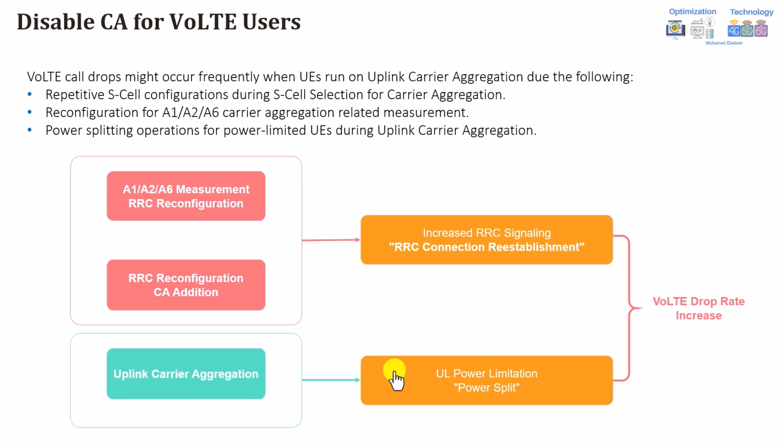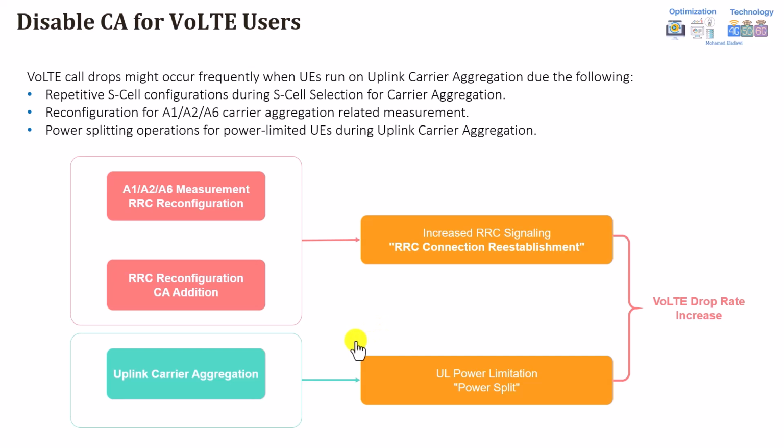For example, if you have a 23 dBm maximum power, the power needs to be split between the two carriers, so the power will reduce by 3 dB, to around 20 dBm. And with 3 carriers, it will go even to 17 dBm. So uplink carrier aggregation in general will limit the uplink transmitted coverage for the users, and this can also be reflected in the coverage. That's why it's usually recommended to disable carrier aggregation when using VoLTE calls.